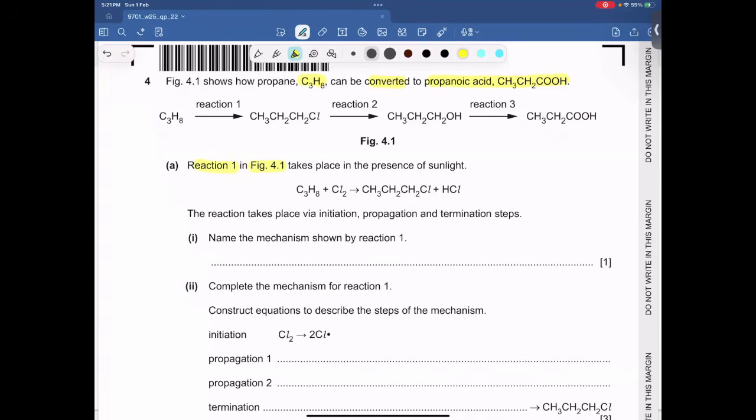Reaction 1 in figure 4.1 takes place in the presence of sunlight. If the reaction takes place in sunlight, it's going to be the free radical substitution reaction. The reaction takes place via initiation, propagation, and termination. Name the mechanism for this reaction. It's going to be free radical substitution reaction.